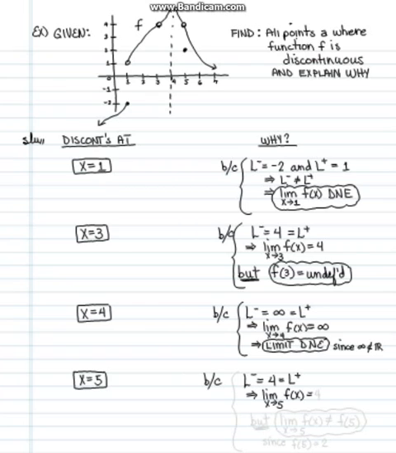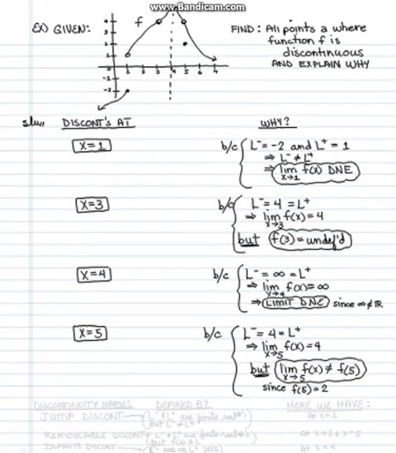The limit as x approaches 5 is equal to 4. However, the limit as x approaches 5 is not equal to f of 5. And that is a requirement if we want continuity at that point x equals 5. So since f of 5 is equal to 2 instead of 4, we have a point of discontinuity at x equals 5.